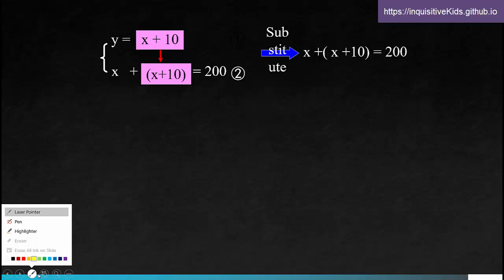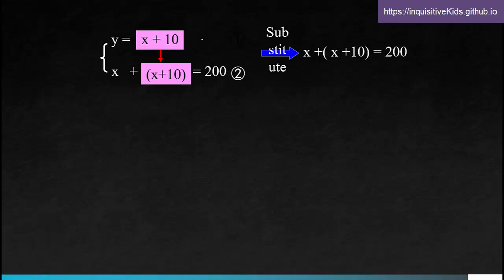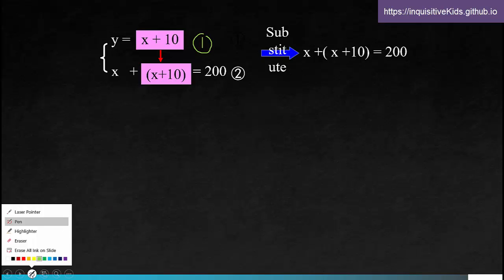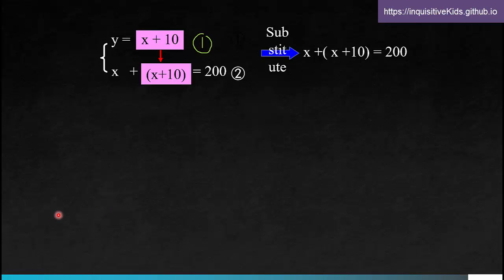So here, what we have is equation number 1. We write equation 1 and 2 just to understand which equation we're referring to. For example, you could say, substitute equation 2 into equation 1, so that I'll know exactly what equation you're referring to.